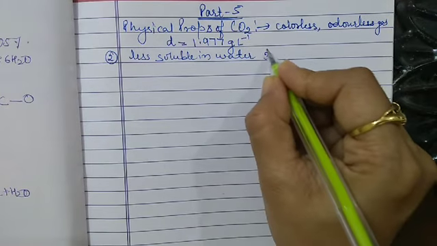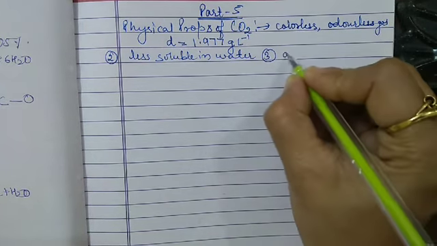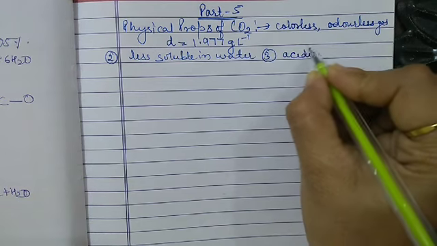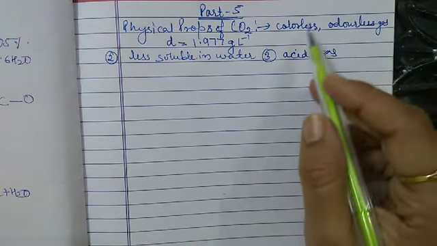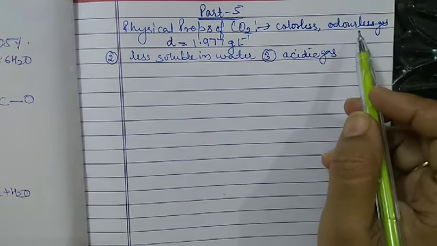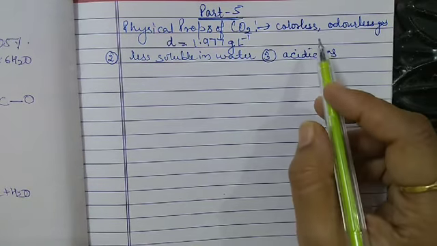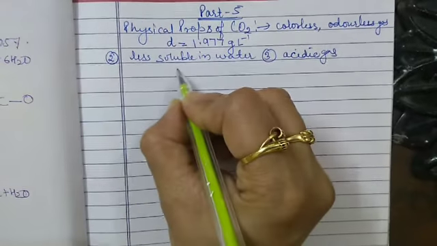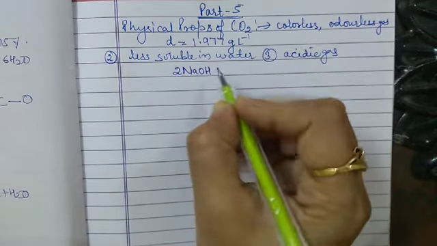The third property is that it is an acidic gas. Carbon dioxide is an acidic gas, so it forms metal carbonates when treated with alkalis. Look at the reaction: NaOH is the alkali.